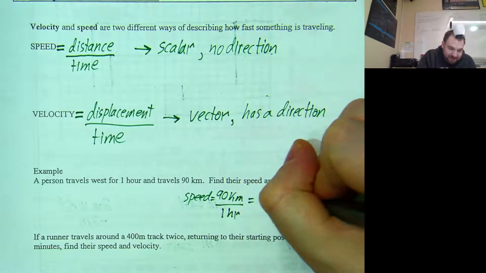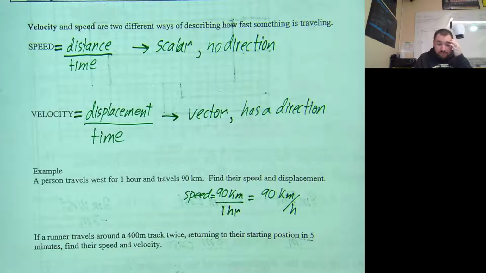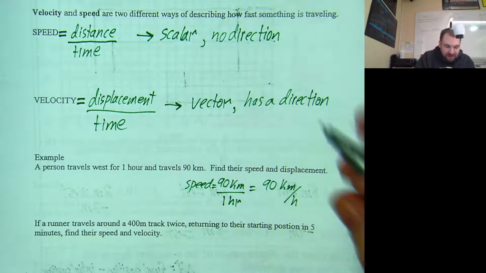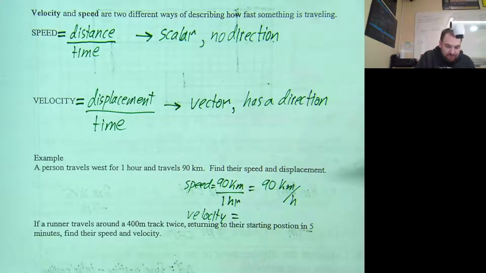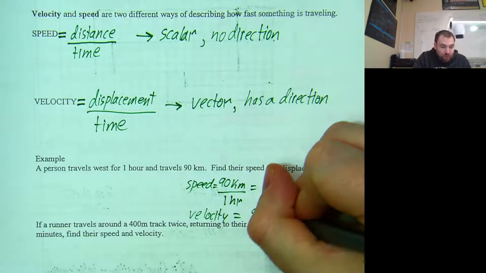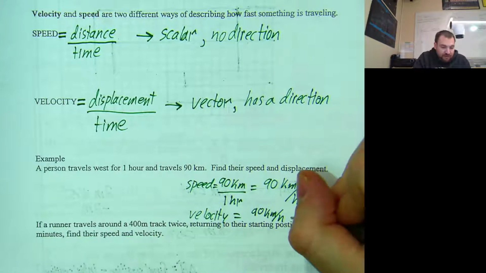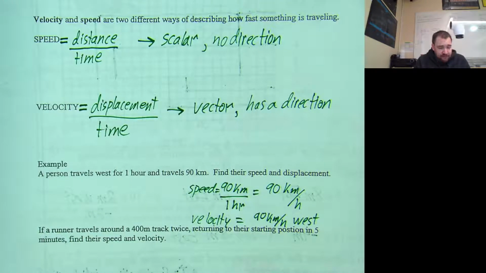So that's going to give us 90 kilometers per hour. Actually, let's do it all. What's the velocity then? How would we say that? Well, you'd say it like 90 kilometers per hour west. That is how you'd end up quoting that.